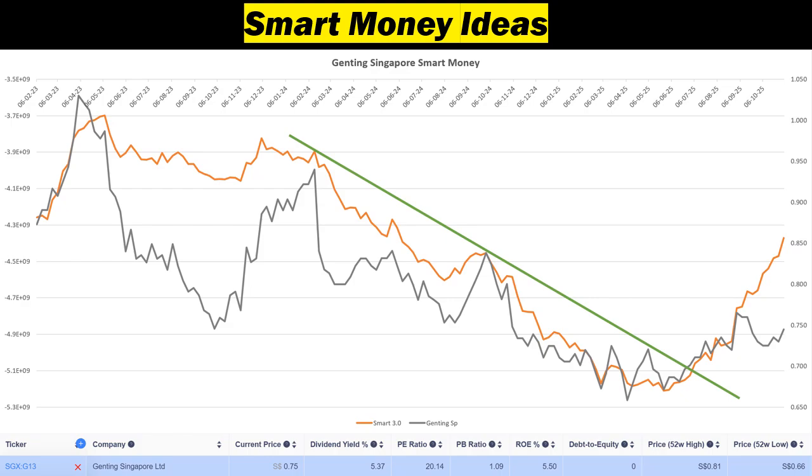And looking at the price to book ratio of 1, it is also not on the high valuation side. And having a debt to equity of 1 meant that this Genting Singapore is having no debt at all.